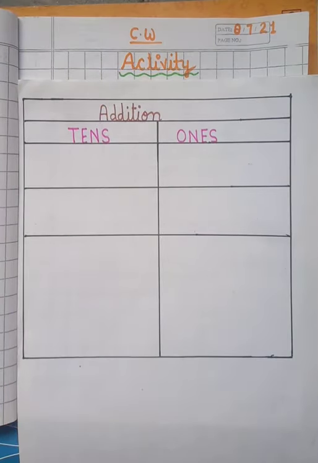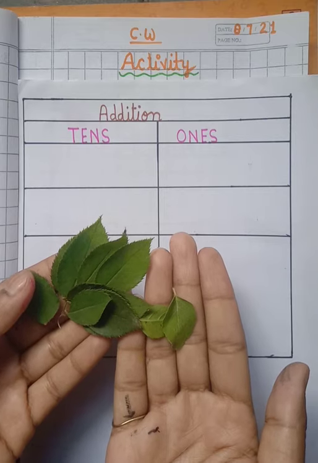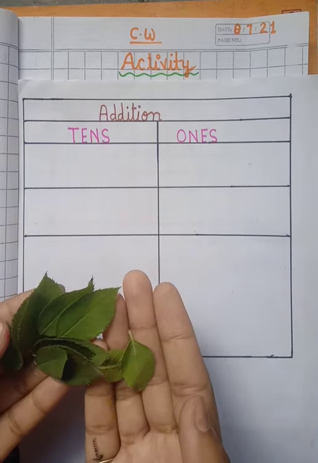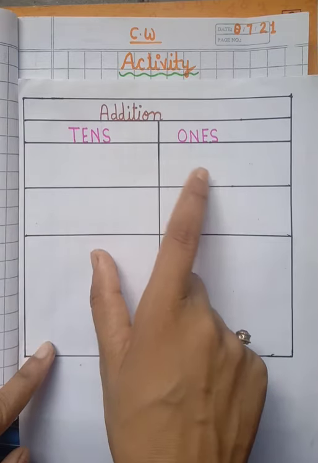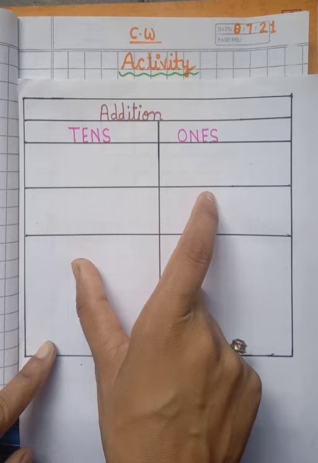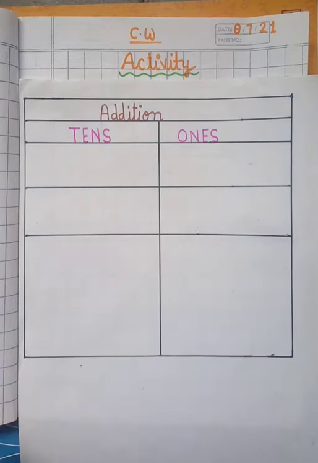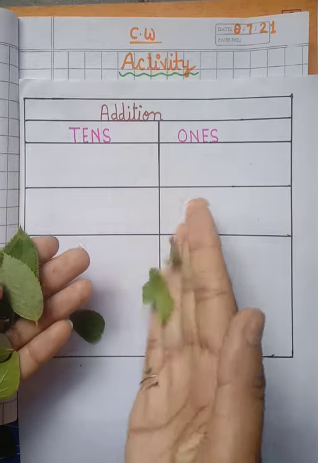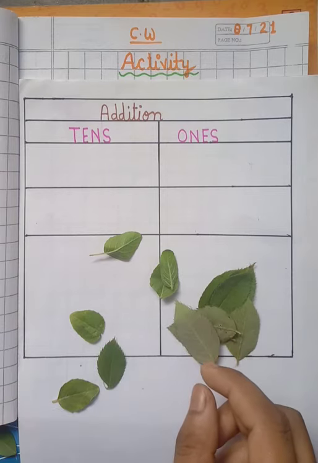Now what do we have to do in this activity? We have to take two kinds of small leaves. Why are we taking small sized leaves? Because we are doing it on a small size paper, so the leaves should be small to paste on it. You can see here I have taken tulsi leaves and rose leaves.